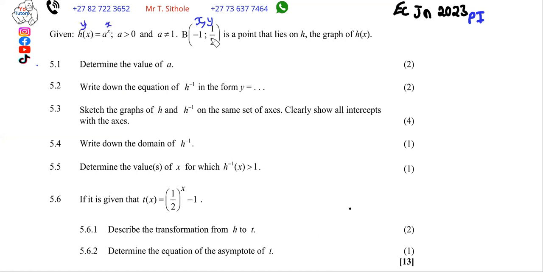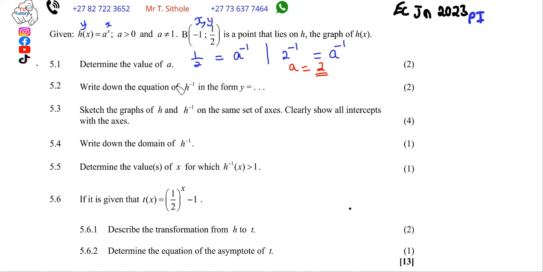Now we're going to substitute the values: 1 over 2 is equal to a to the power of -1. We can change it to 2 to the power of -1 is equal to a to the power of -1. If we have the same exponent, we can equate the base. The base therefore is equal to 2, so our answer will be 2.